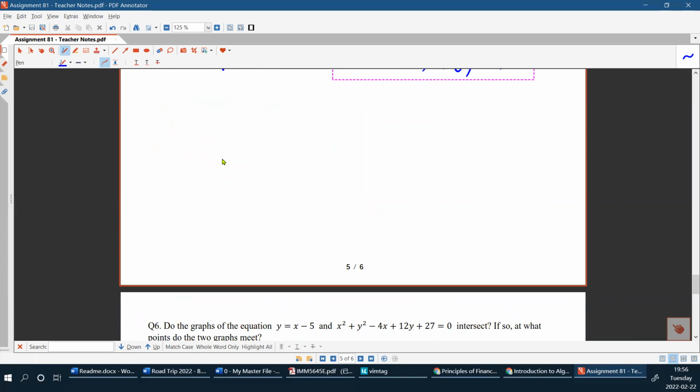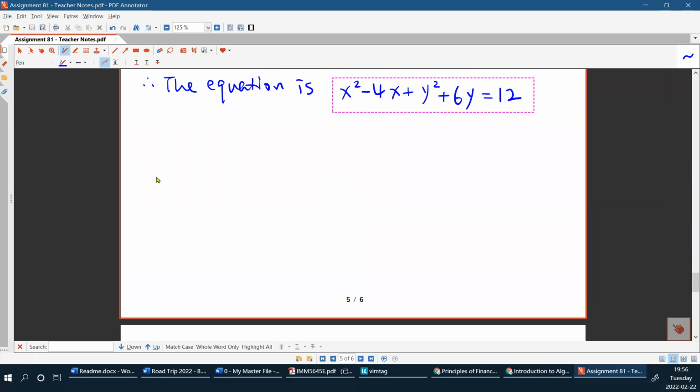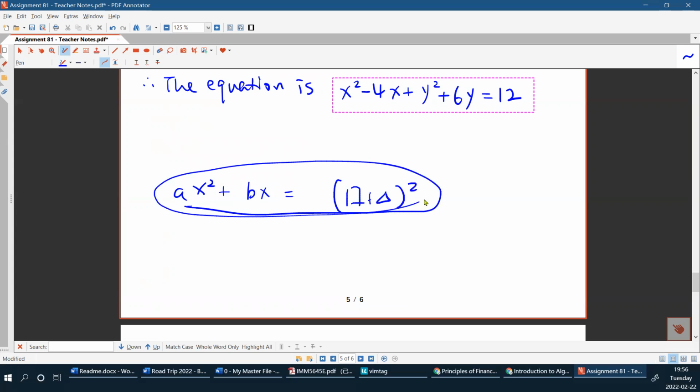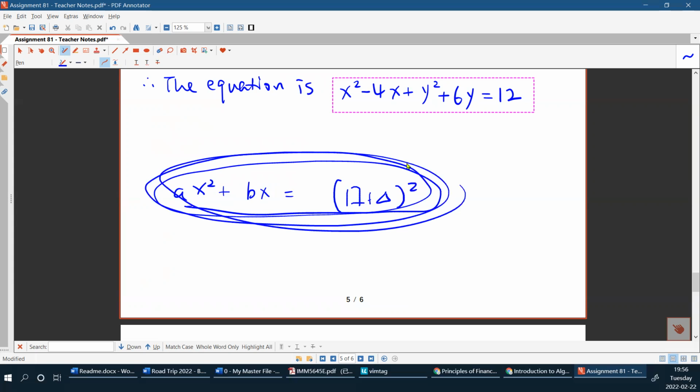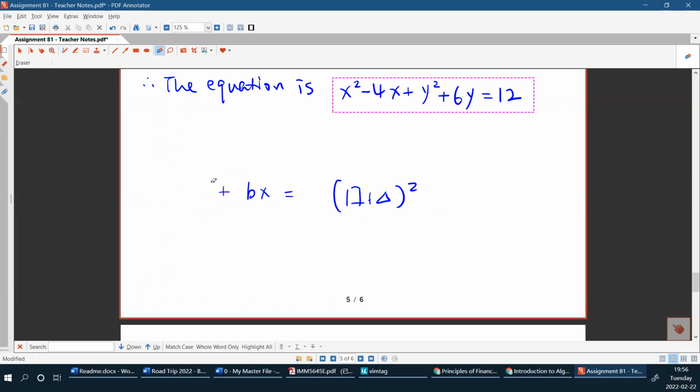So I'll give you some more practice, something like this, and write some squared binomials, okay? I'll give you some practice at the very beginning of the next assignment, okay? And it's not on the Google Classroom yet. I'll let you know when it's available, okay?